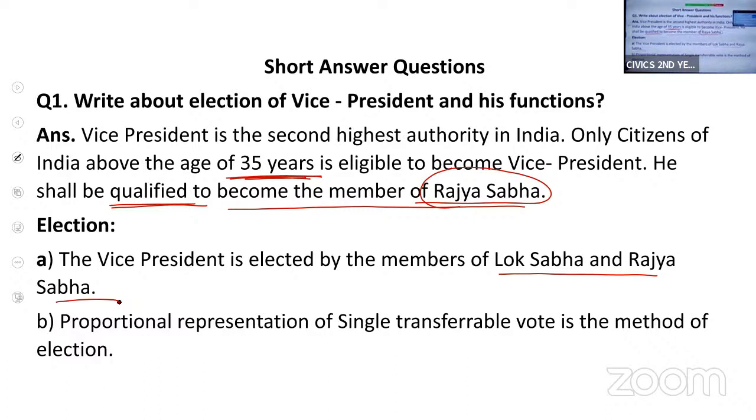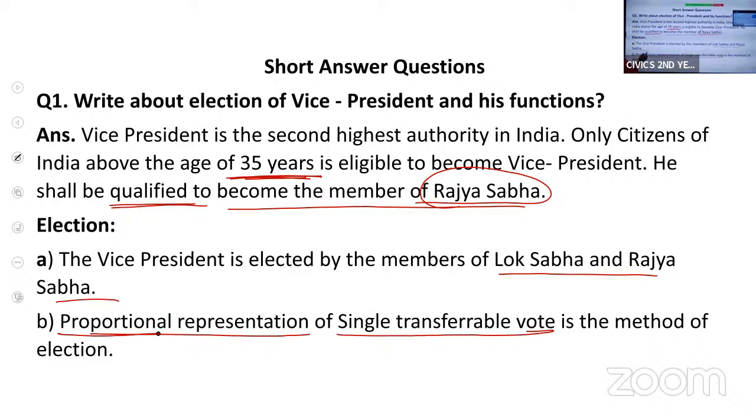What is the method? Method is proportional representation of single transferable vote. Proportional representation means each member of Lok Sabha and Rajya Sabha represents a portion of population.